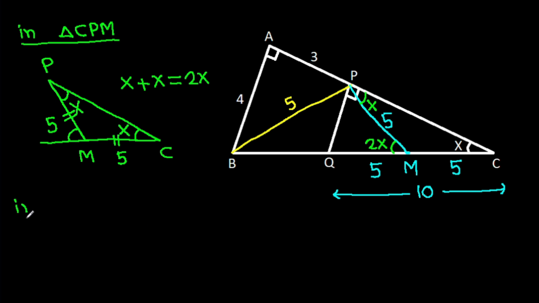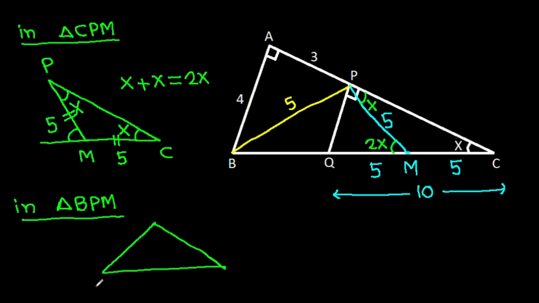And in triangle BPM, we have BP equal to PM, that is 5. That means these two angles will be equal, and this angle is 2x, so this angle will also be 2x.